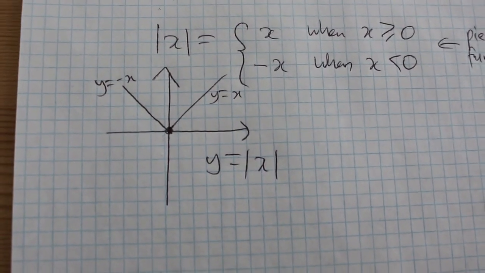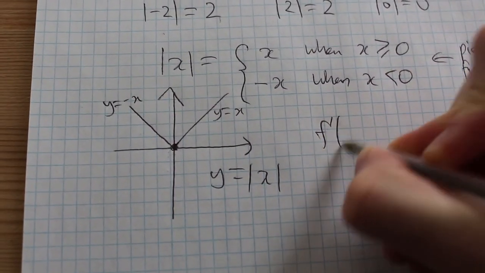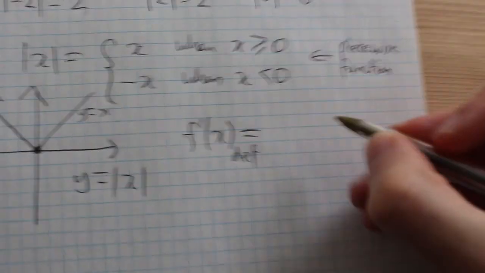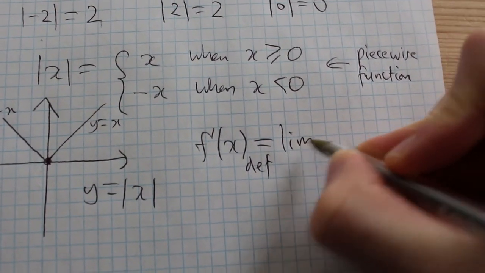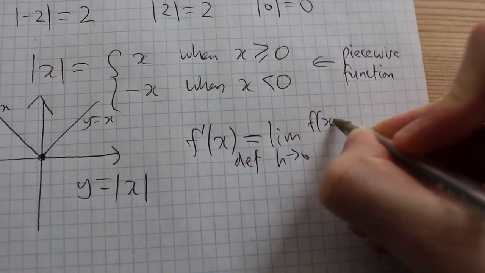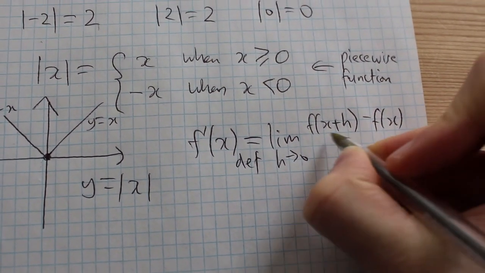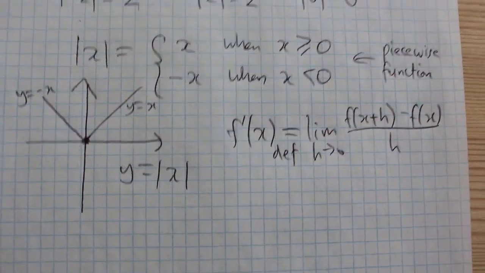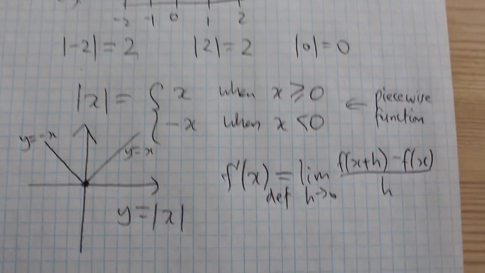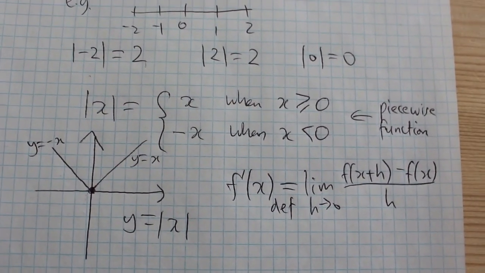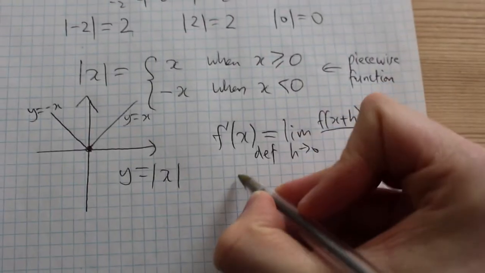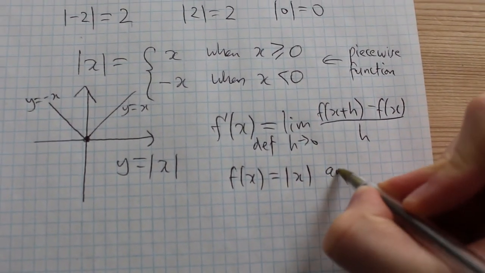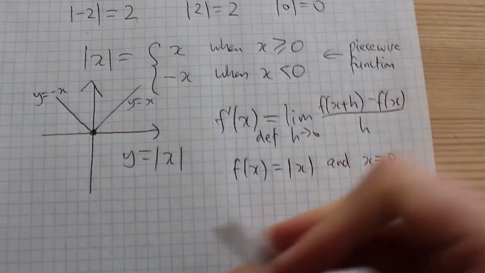To make that a little bit more precise, recall the definition of the derivative. f dashed of x was defined to be the limit as h goes to 0 of f of x plus h minus f of x all over h. And let's use this definition to think a little bit about the derivative of the modulus function at 0. So let's let f of x be the modulus of x, and let's also let x be 0.